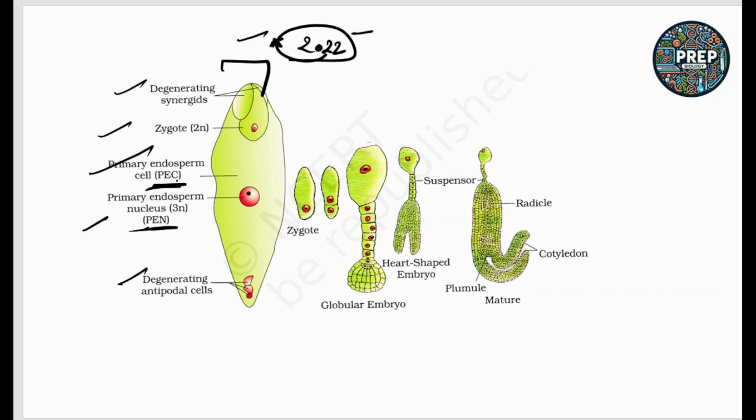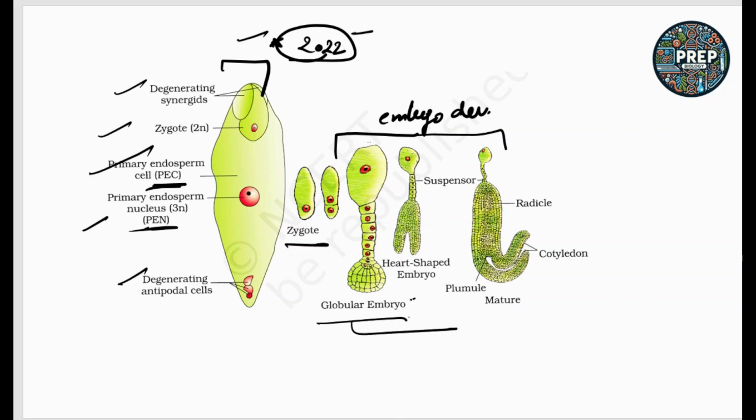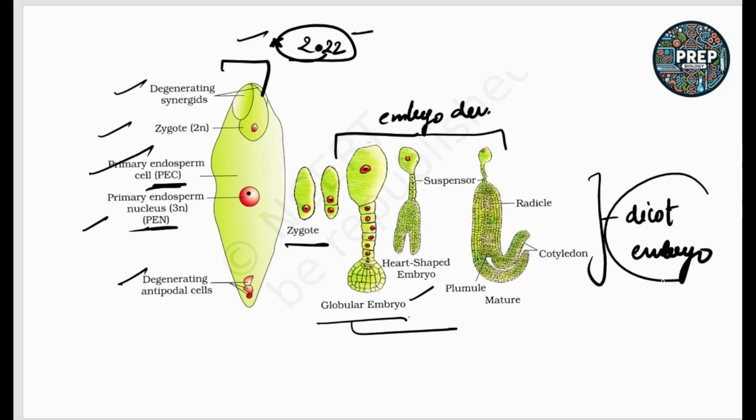The zygote goes through different embryonic development, converting to the globular embryo, then the heart-shaped embryo, then we have the complete dicot embryo. Okay, so all these structures are very important.